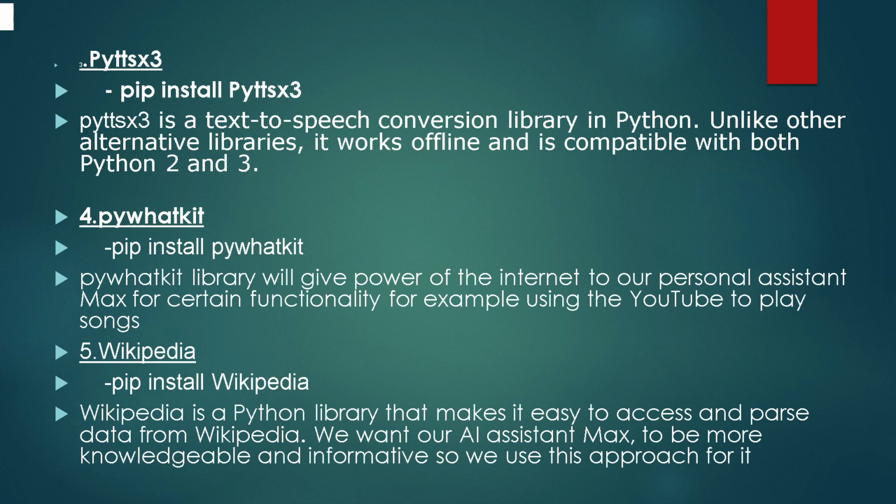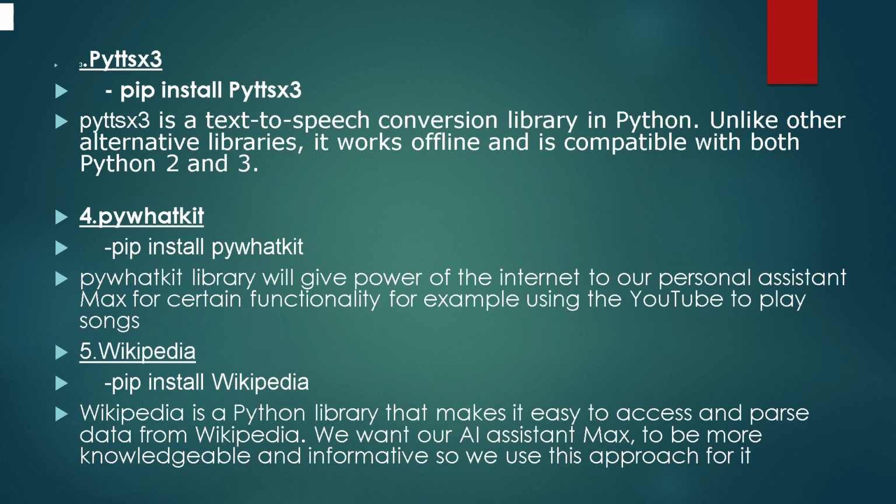Wikipedia, as you know, is a large pool of data. It is a database where all the articles, everything that exists on earth, is available on Wikipedia. Wikipedia is also a library in Python. So we install it with pip install wikipedia. Wikipedia is a Python library that makes it easy to access and parse data from Wikipedia.